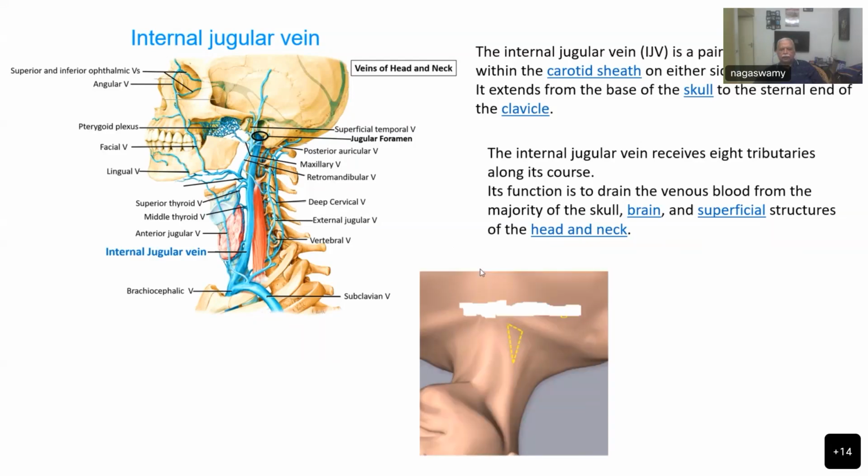And this triangle you mentioned, unless they ask you specifically about the techniques of cannulation of the IJV, you don't have to waste your time writing about the various approaches, namely the superior approach, middle approach, anterior, posterior.